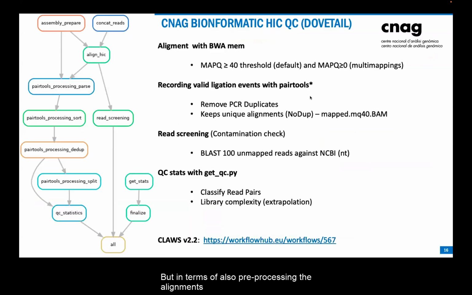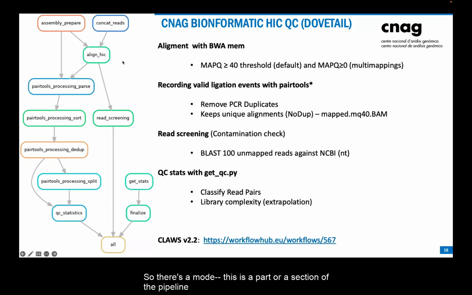Okay? But in terms of also preprocessing the alignments to use the data for scaffolding, we decided to integrate the Dovetail protocol in our Snakemake pipeline called CLOS. It's an assembly pipeline that we're using for this project at the CNAG and automates a lot of the tasks.